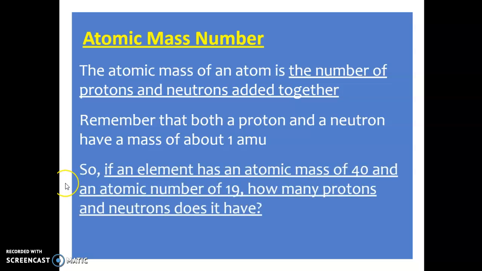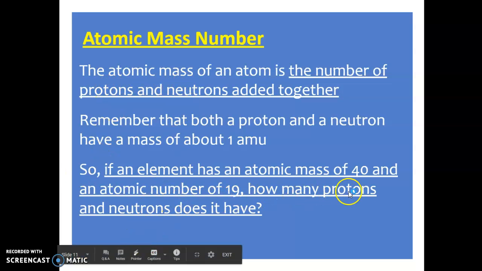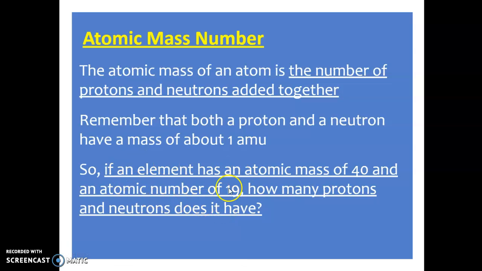So take an element with an atomic mass of 40 and an atomic number of 19. The atomic number is the one at the top, it's a smaller number, it's only composed of protons. And if the mass number is 40 and it is composed of protons and neutrons, how many protons are in this with this information?